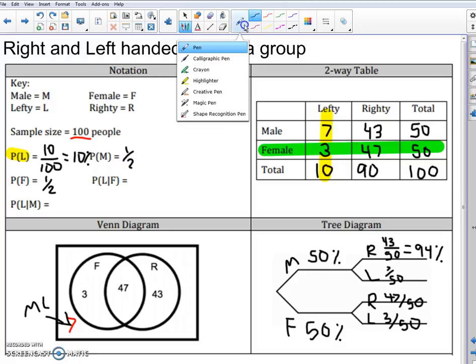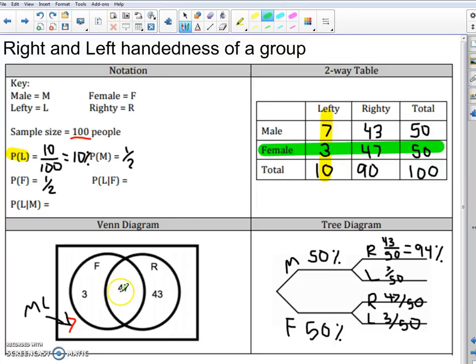And now I want to take a look at this conditional. I'm going to read that off of the Venn, just because I've already highlighted the two-way table. So just know that you can do it from any of them. This one is probability of left-handed given that they're female. So in this case, I only care about the females. They're already females, that's all I'm looking at.